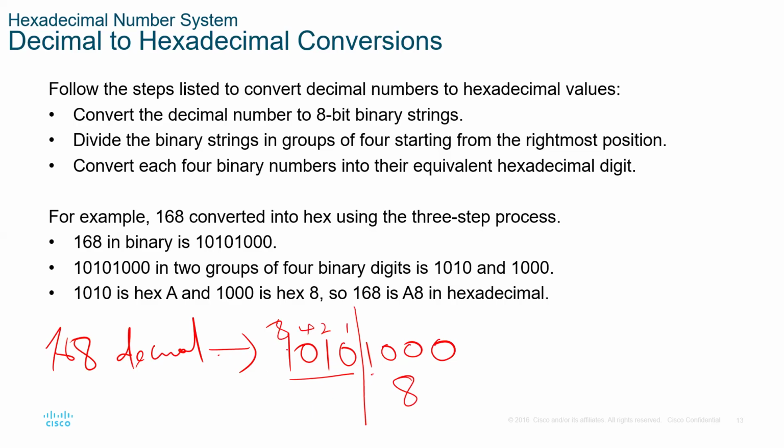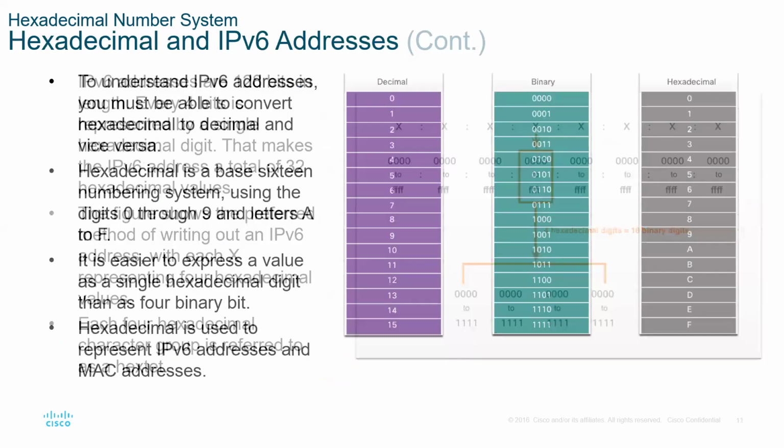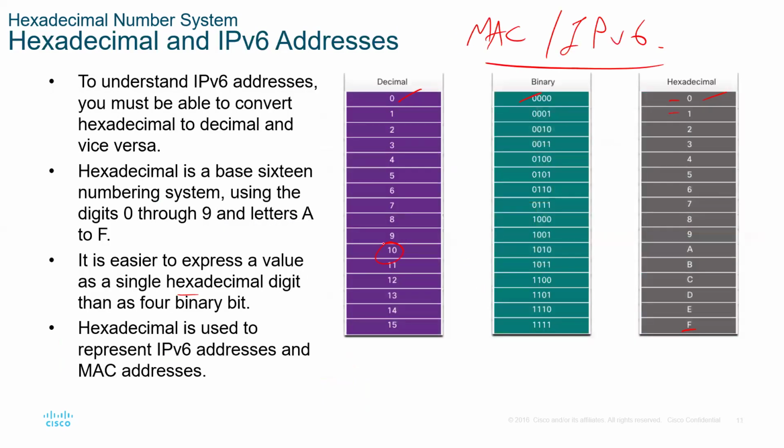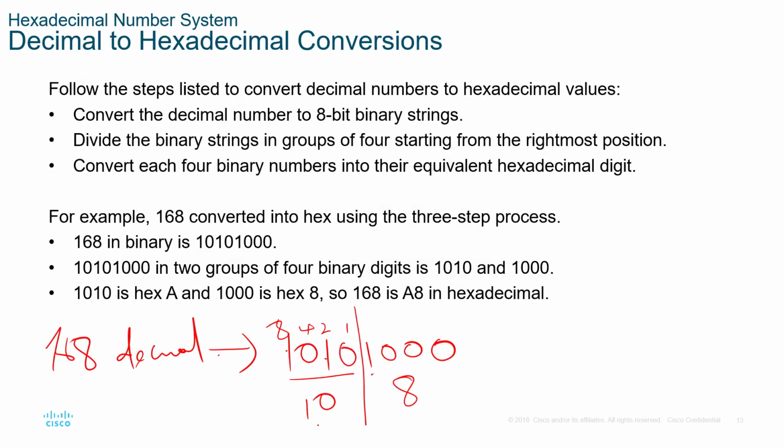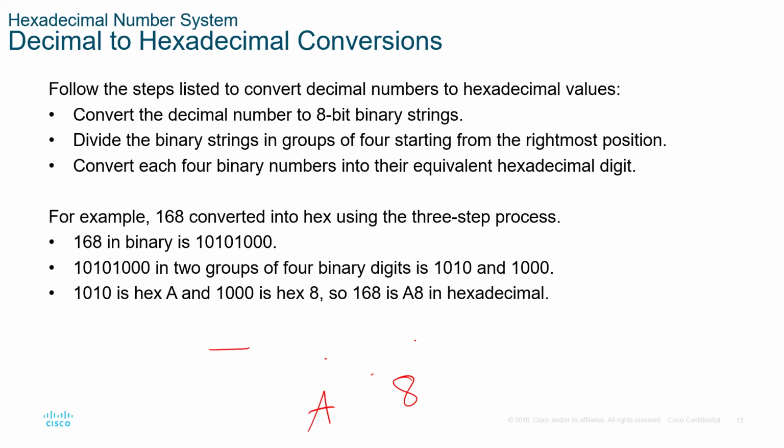So you can add 8 plus 2. This is a 10 in decimal. But 10 in decimal, what is it in hexadecimal? We remember that 10 in hexadecimal is A. So here we put an A. This means this is an A. So in hexadecimal, this value is A8. That's how you get A8.